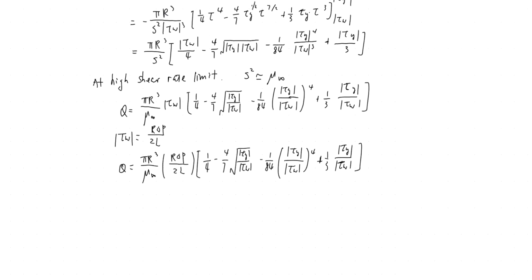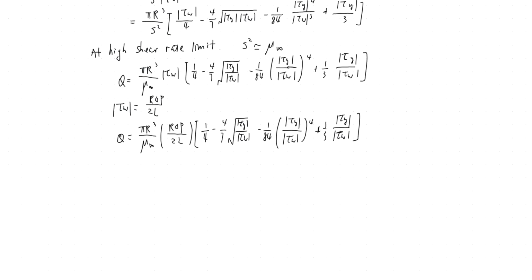Okay, so you can see that if you recall the Poiseuille equation for the Newtonian fluid, you may wonder how this is similar to the Newtonian fluid. Because for the Newtonian fluid, we have a very clear relation between Q and delta P. Now with a non-Newtonian fluid, we have a longer expression.